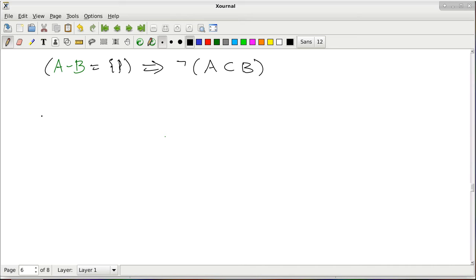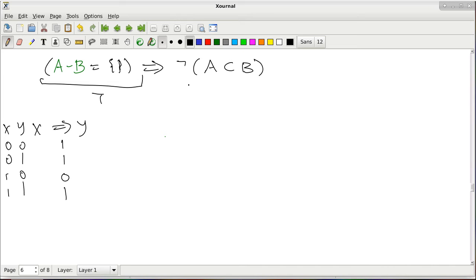With implication, X implies Y, here are X and Y: 0, 0, 1, 1, 0, 1, 0, 1. For the implication, this is true, this is true, this is the only case when it's false, and this is true again. So if we want to say it is false, we are looking for a case where this part is true, but this part is false. But in order for this entire part to be false, it also means that A is a proper subset of B has to be true.